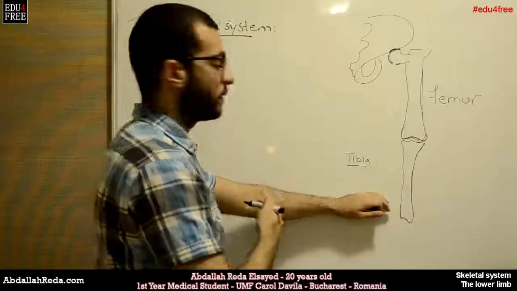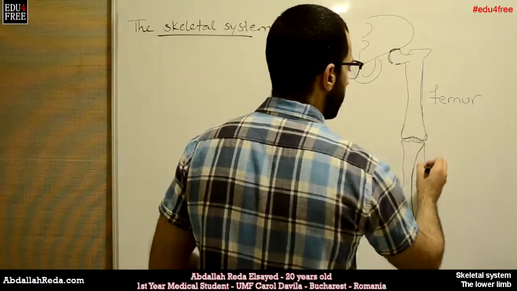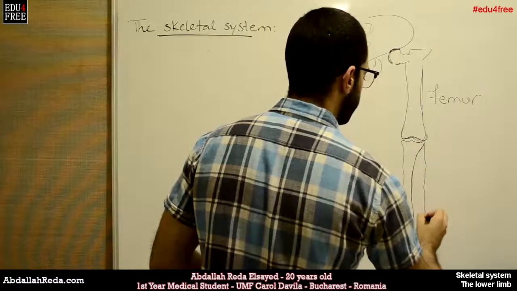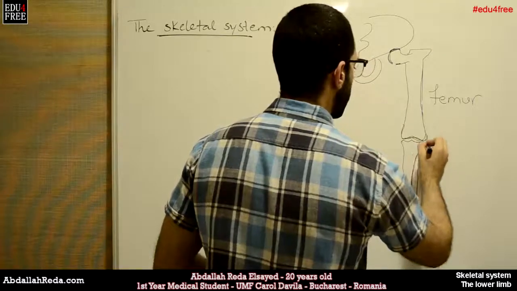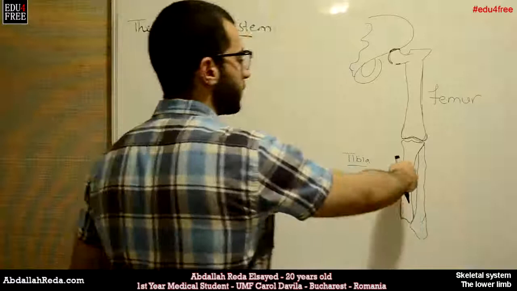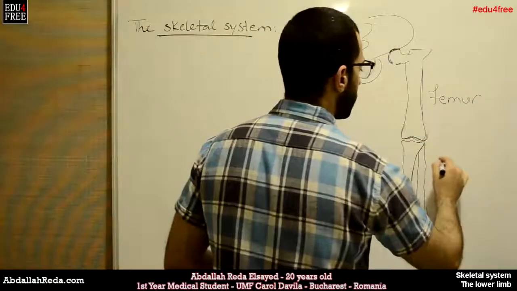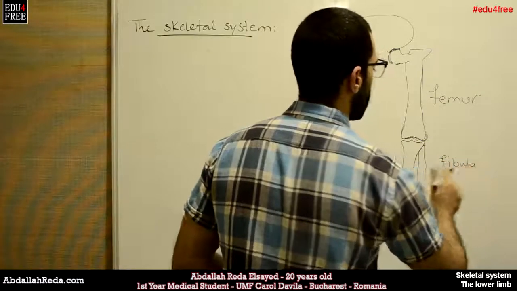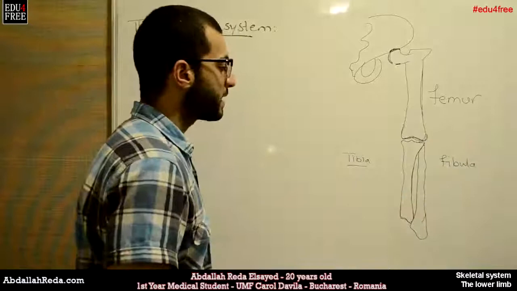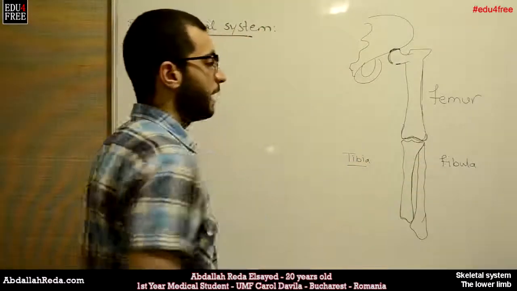So the tibia is found medially or anteriorly, and we have the femur. The femur articulates with the tibia. It doesn't have an articulation point with the femur itself directly. So this is the fibula. The fibula is found laterally or exteriorly. So these are the bones of the leg.